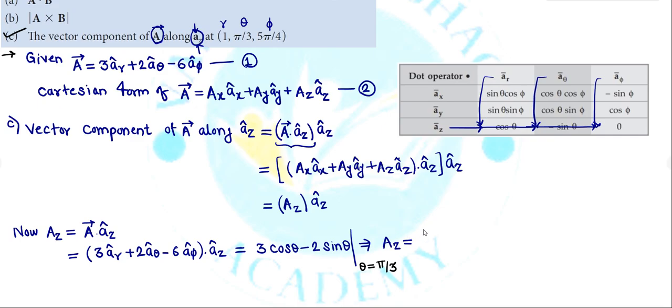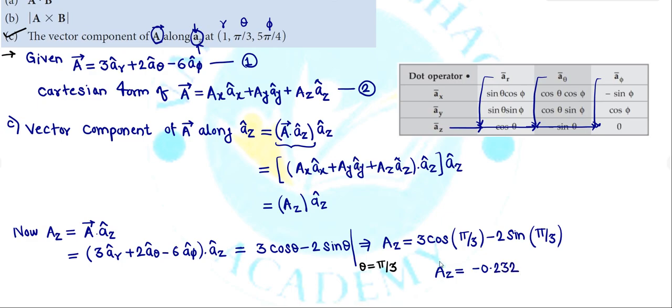Let me write for some beginners. If you are a beginner, you can see this, and if you know about this, you can skip this part. So that is 3 cos of pi by 3 minus 2 sine of pi by 3.